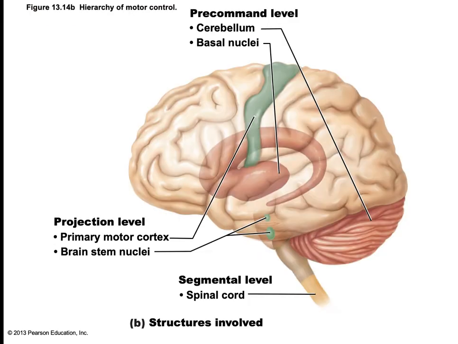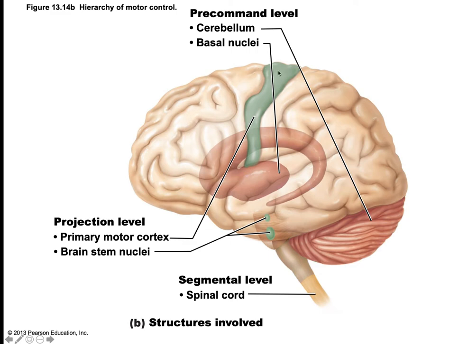So what happens here is we have a coordination of different structures, right? You can see the brainstem nuclei that are involved and the precentral gyrus, right, highlighted in green. And then you can see the basal nuclei in the cerebellum. Okay? Now, what's going on here is that the planning takes place here.